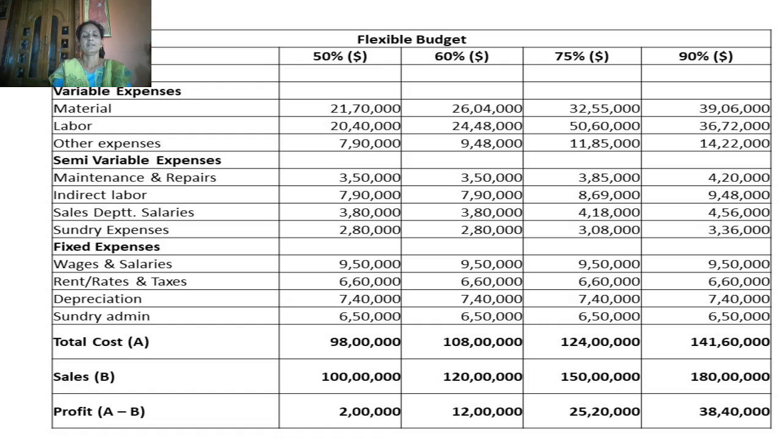Now we have found out the total cost. When you add up all this variable, semi-variable and fixed, you will get total cost. So total cost comes to 98 lakhs at 50% level of capacity. And sales is 1 crore. What you have calculated as per the information given.